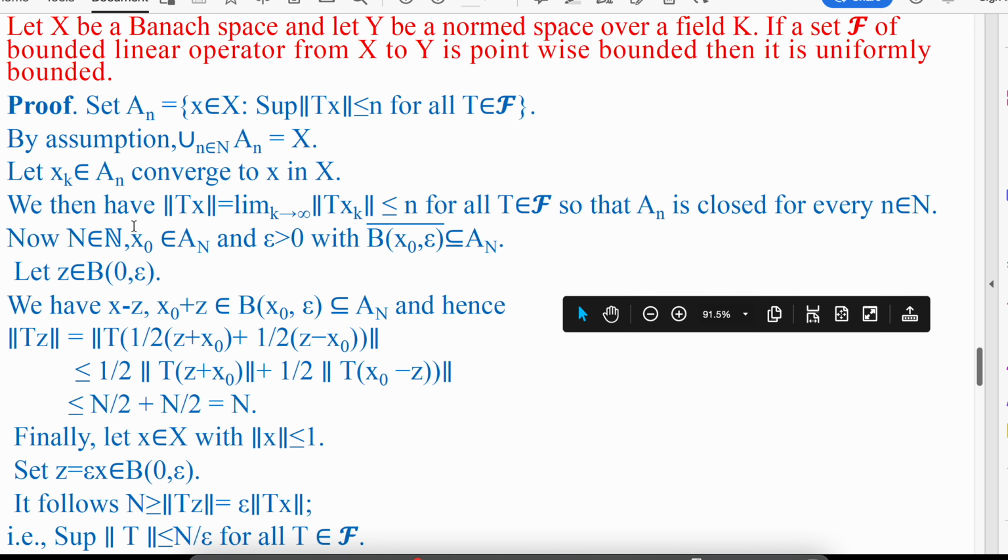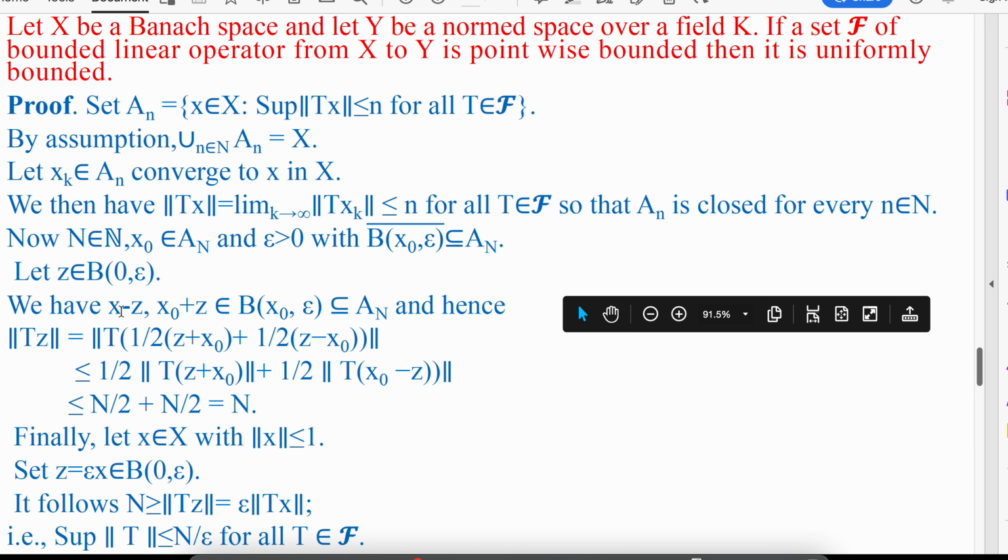Because n is a natural number, x naught belongs to An and epsilon is greater than 0, so it means the closure of the open ball centered at x naught and radius epsilon is contained in An. Suppose z belongs to the ball centered at 0 and radius epsilon.